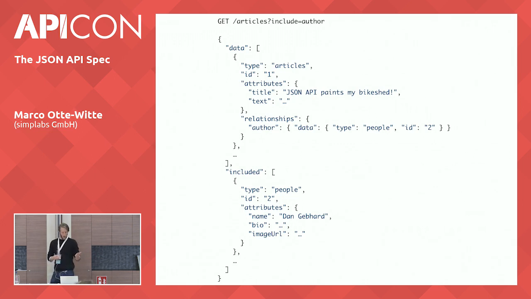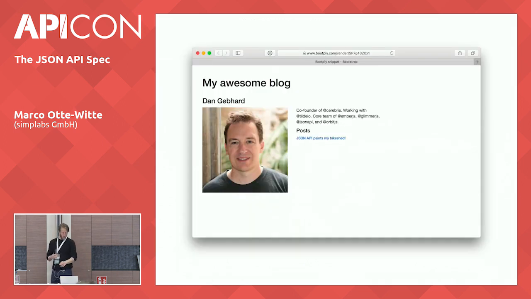But then when the user that just loaded that index page moves on to the author page, where you actually need the author's profile picture URL and the author's bio, then you wouldn't have to make another request because you have that data already, right?